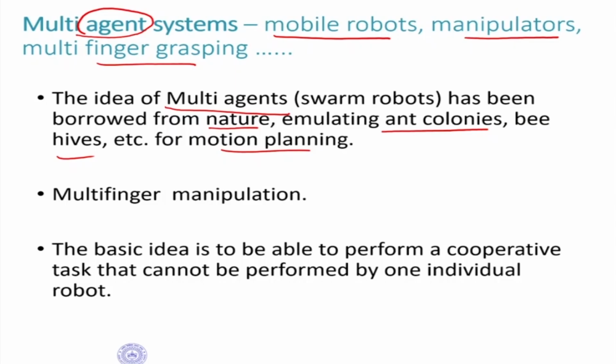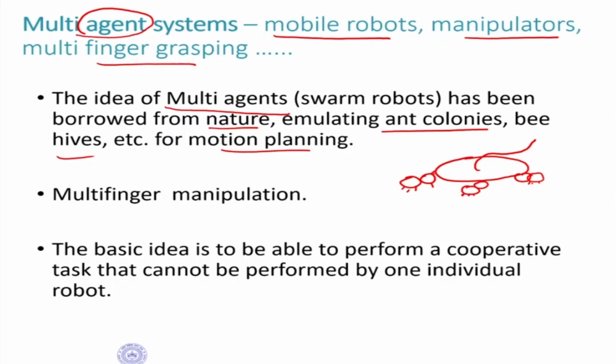I'm sure you would have noticed that if there are multiple ants, maybe this is an ant, and these are ants which are carrying, you'll always find that ants will cooperate in carrying an object or pushing it somewhere. So there's an object which is to be moved like that. The ants will go and arrange themselves around this object, either pick it up and then push it in some direction. So this is where the idea of multi-agent and swarm robotics came up from.